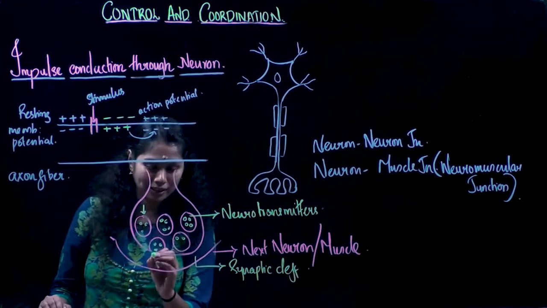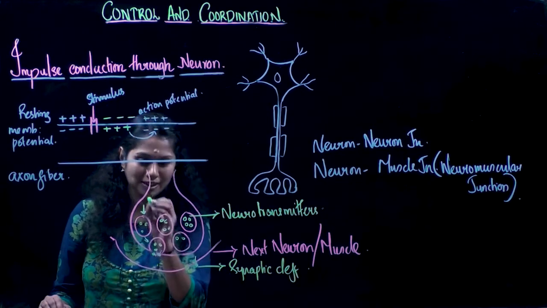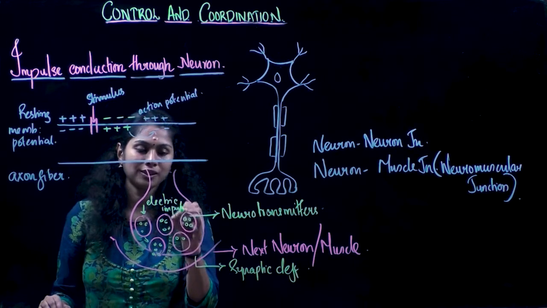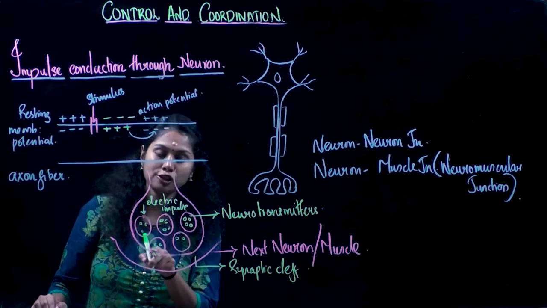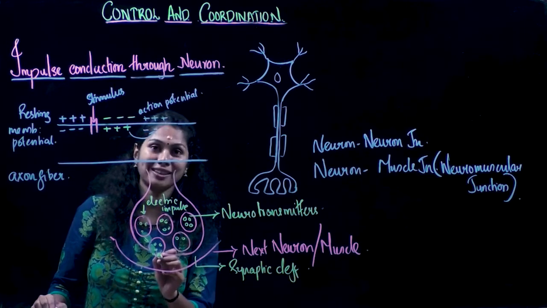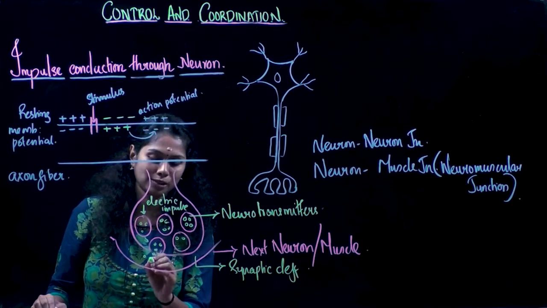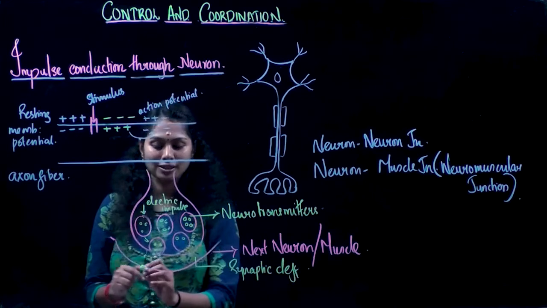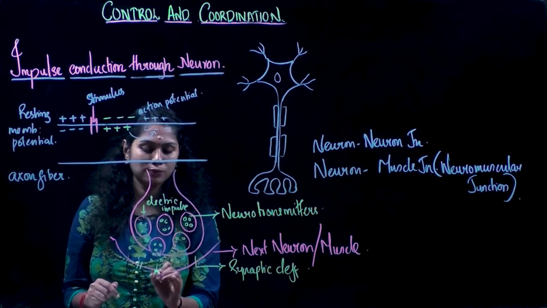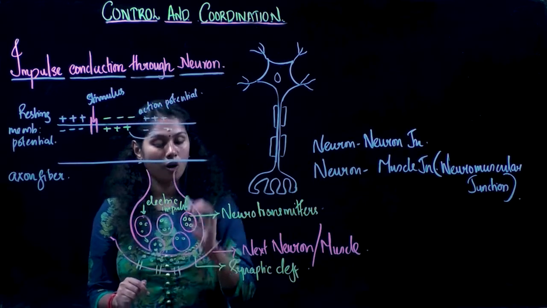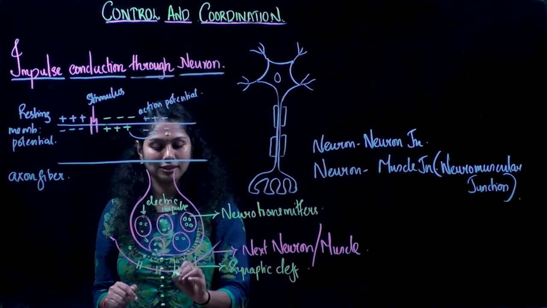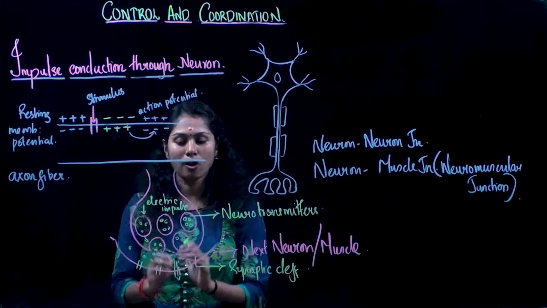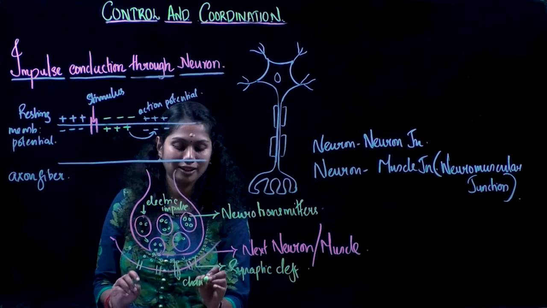So here the chemicals are poured. From this cleft, with the help of some receptors on the surface of the muscle or the neuron, these chemicals enter the next neuron or muscle and cause a change in polarity in it.